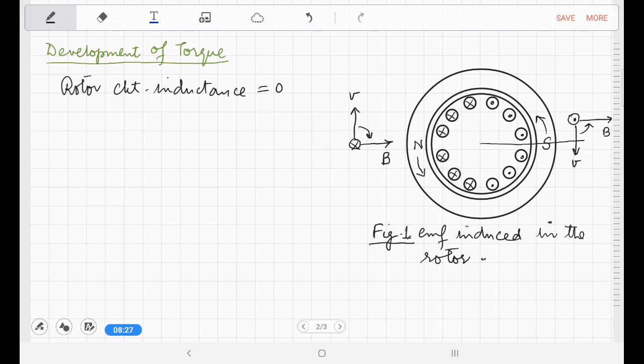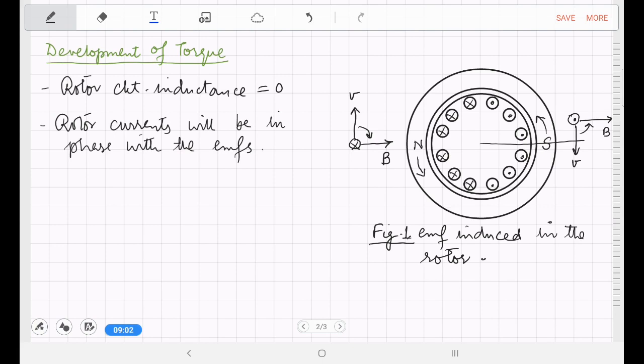Therefore, what will happen? The rotor induced EMF will give rise to currents in the rotor conductors, and those currents will be in phase with the EMF induced in the conductors, and therefore the current distribution in the conductors will be similar to the EMF distribution, and we can draw it here.